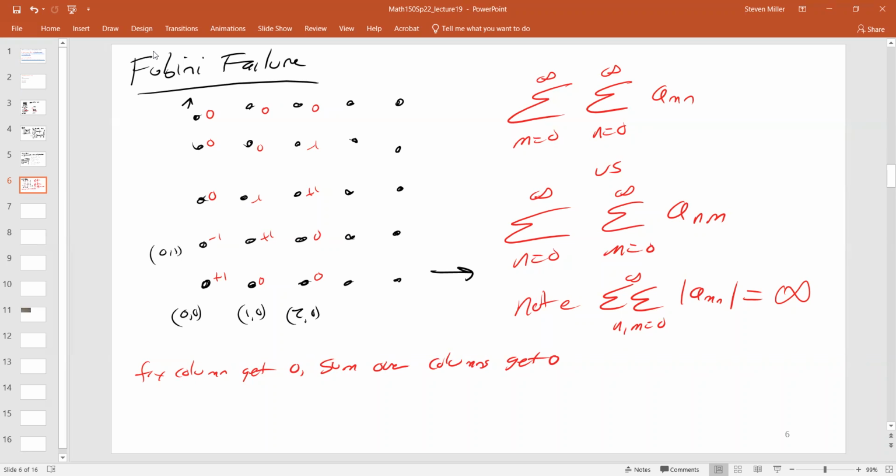So if we fix a row, we get 0, save the first row, which is 1. Sum over rows, and we get 1. So if we fix a row and then sum over rows, we get 1. If we fix a column and then sum over columns, we get 0. So this is an example where we cannot switch the order.